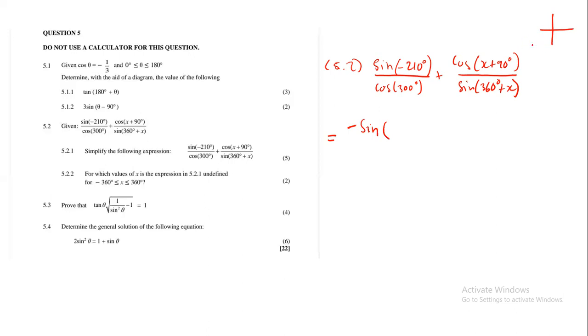So when I use the reduction formula, I'm going to say 180 degrees in the third quadrant plus, but it's 180 degrees plus what, so that I will be able to get 210? It's 180 degrees plus, I think it's 30, right? Let me confirm it, 180 plus 30.